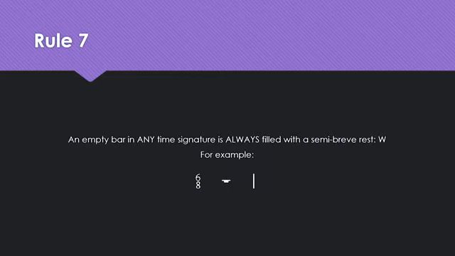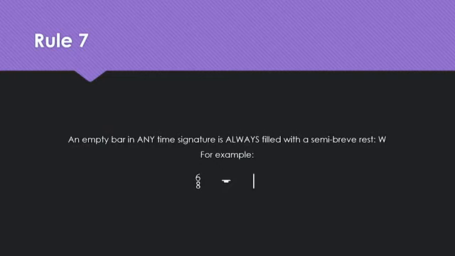At last we're at the last rule, which is also an easy one. In any empty bar, in any time signature, you are always going to use a semi-breve rest to indicate that the whole bar is empty.